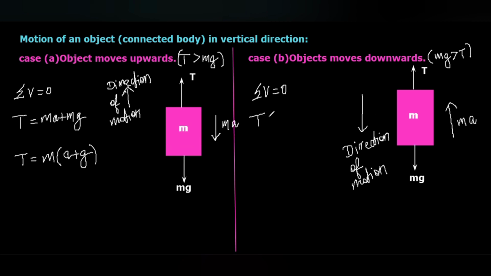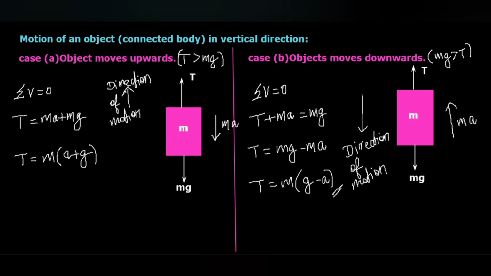T plus ma equals the downward force mg, or T equals mg minus ma, or otherwise T equals m multiplied with g minus a. So this is the D'Alembert's analysis for case B when the object moves downwards.